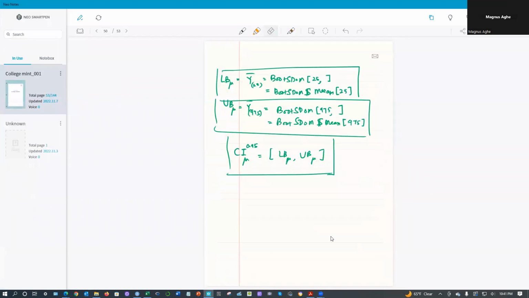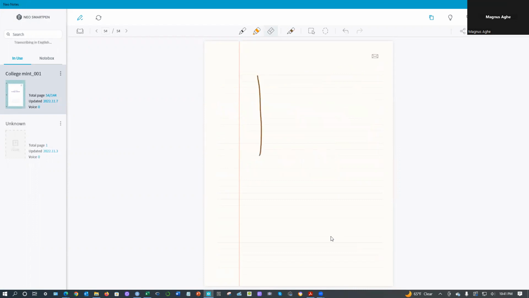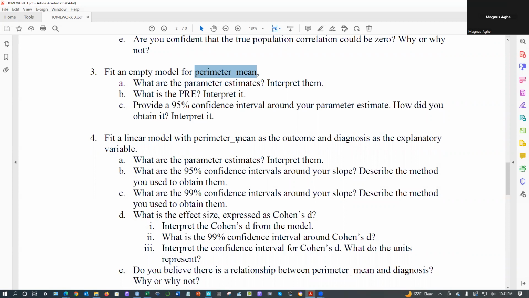This is exactly what's going to happen. If I draw the graph for you to see very clearly, you have a variable called y, named perimeter mean.